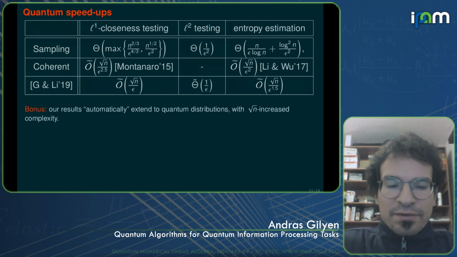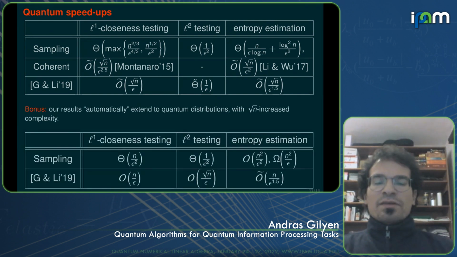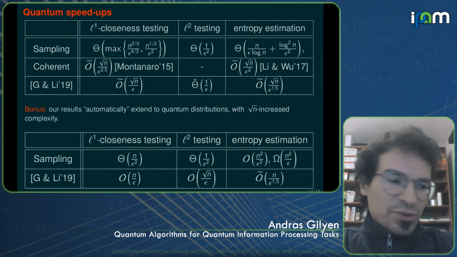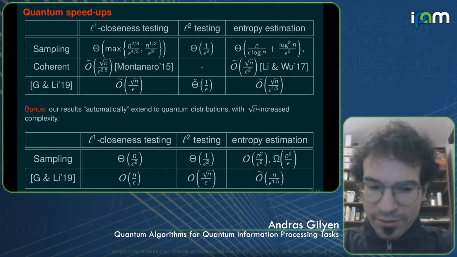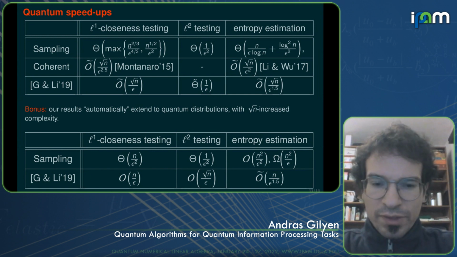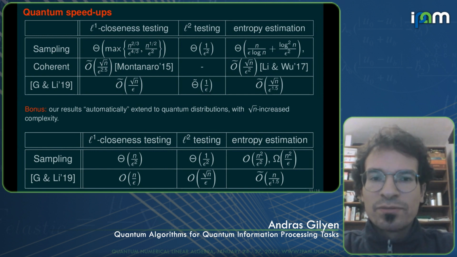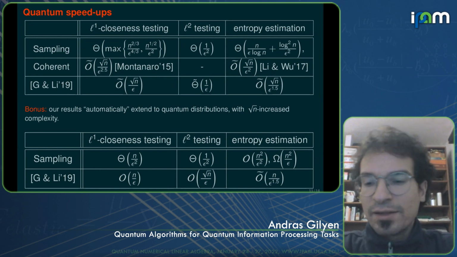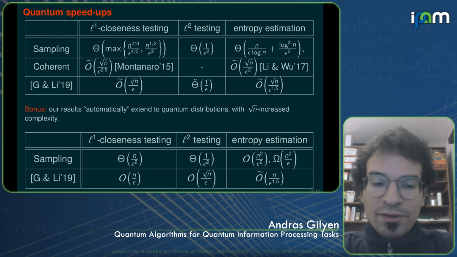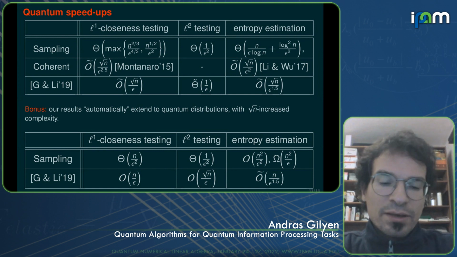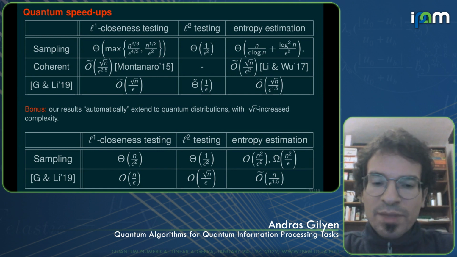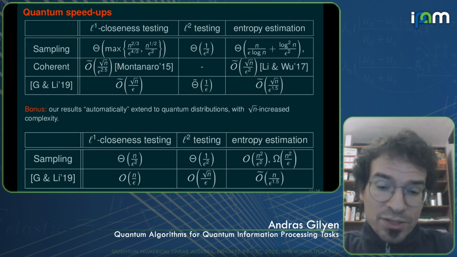And as I said, as a bonus, these results automatically extend to quantum distributions with a square root increase in the complexity. So if you now study the problem of L1 closeness testing, L2 testing, and entropy estimation for density operators, if you have only access to copies of the quantum states, then the first row tells you the complexities that are known, and the bottom row is the model when you can prepare purifications of the quantum states.